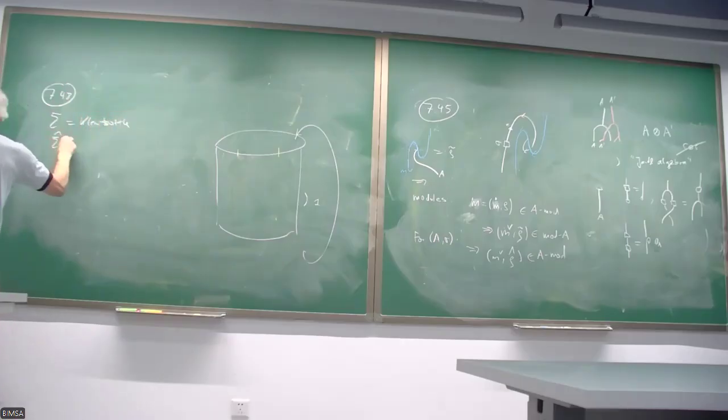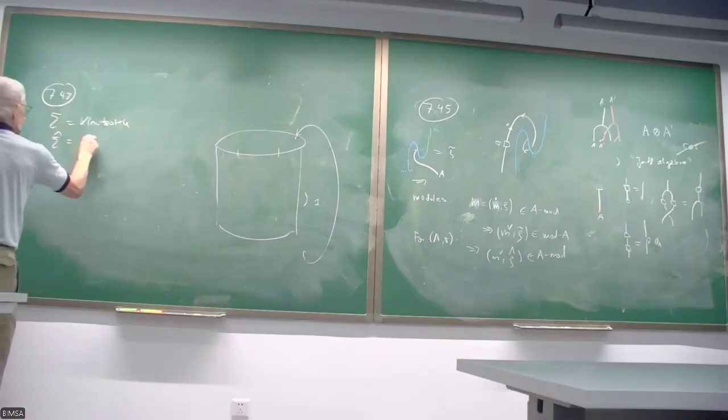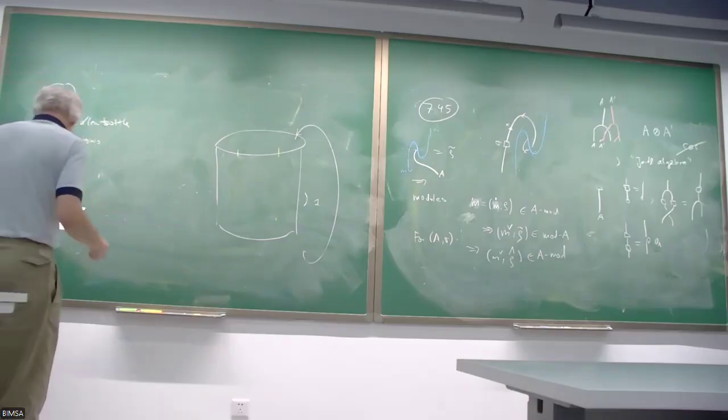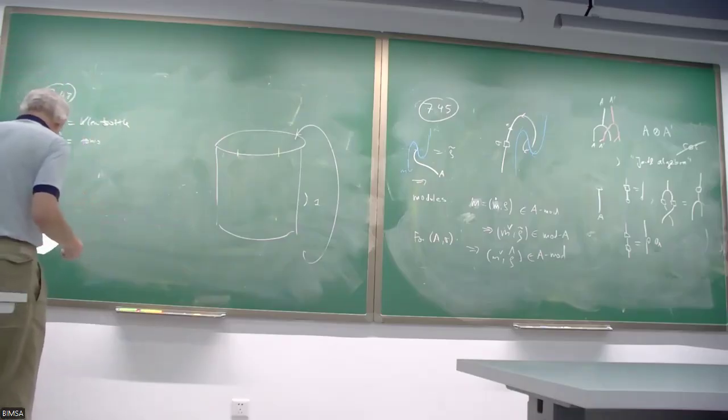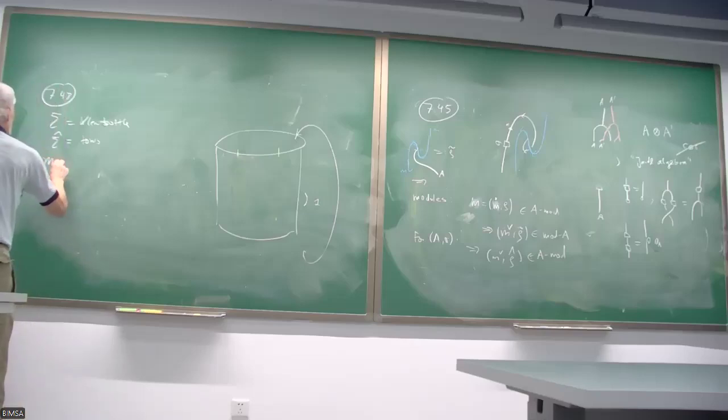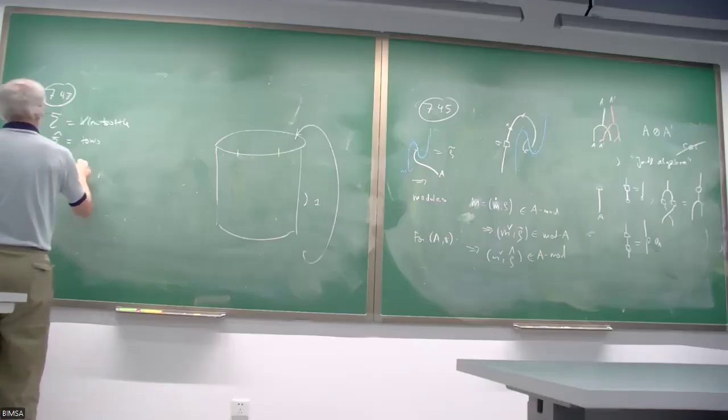Sigma hat, in this case, is a torus. So it's similar to the annulus, but now M_sigma can be described as follows.